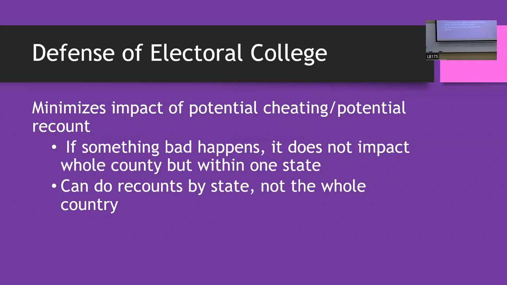You can just focus those recounts in one state. And sometimes if something bad were to happen in a state like California or a state like Montana, it might not even impact the entire election, because maybe their Electoral College votes wouldn't put one candidate versus another above that 270 mark.